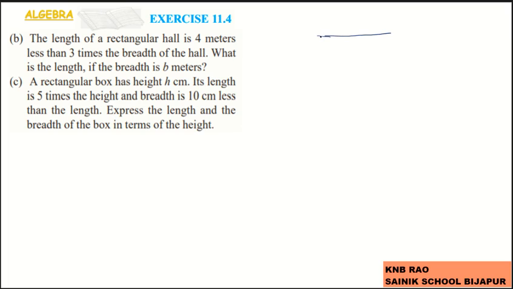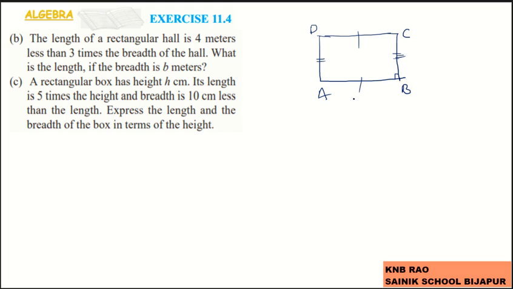There is a rectangle where I have considered AB as the length and BC as the breadth. You know, lengths are equal and breadths are equal in a rectangle. Opposite sides are equal.